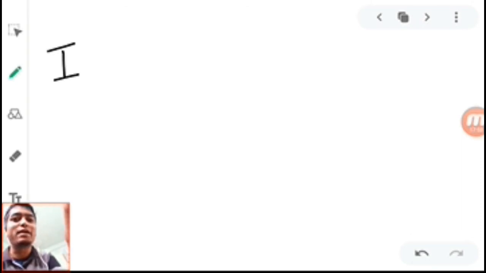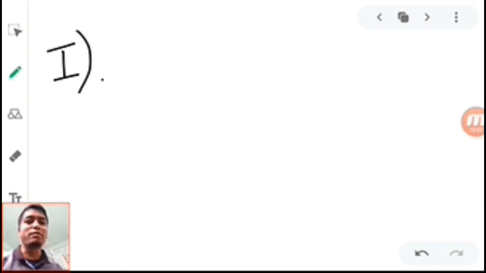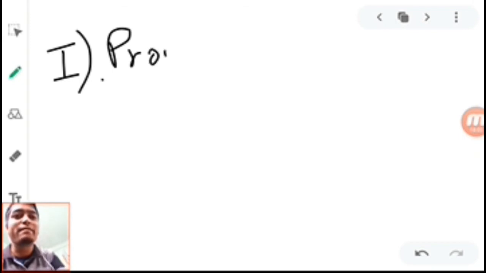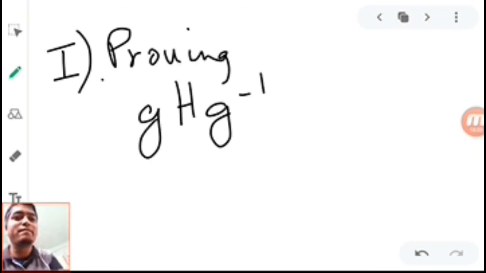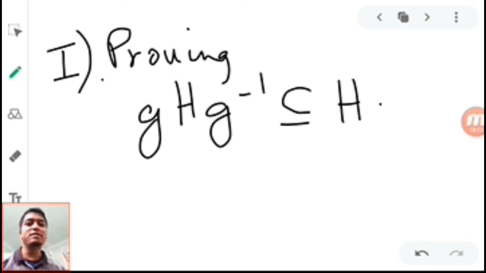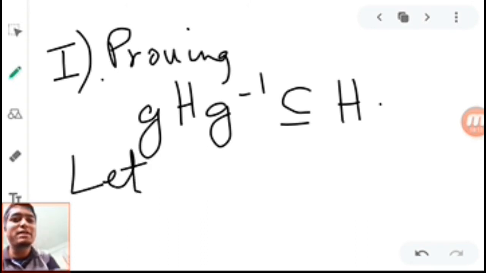Part one will be proving GHG inverse is a subset of H. How will we do it? If you remember the first semester, we have to take an element of this set.